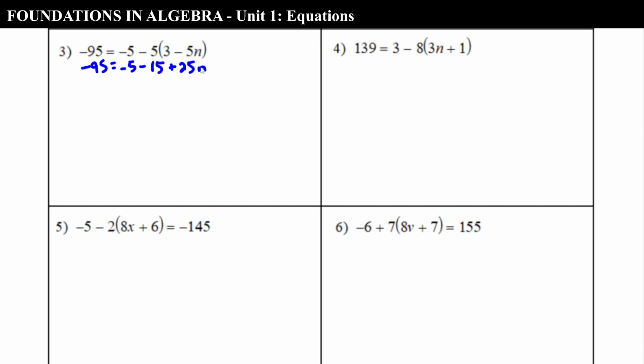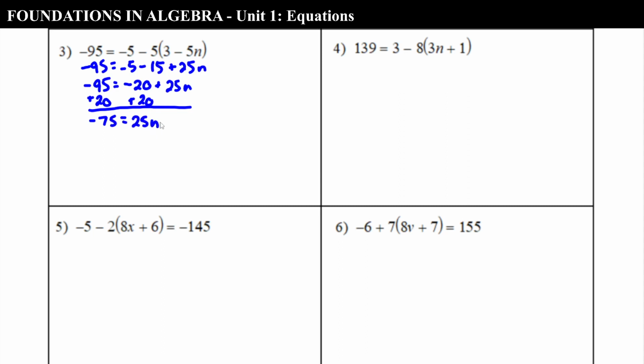Okay, positive 25n is by itself. We're going to combine the other two like terms. Negative 5 minus another 15 gives you negative 20. We're going to add 20 to each side. And that's going to give us negative 75 equals 25n.